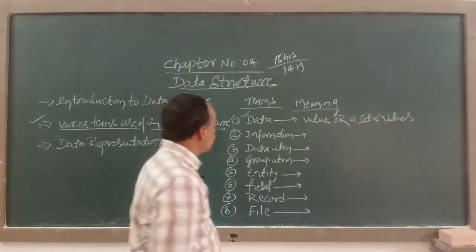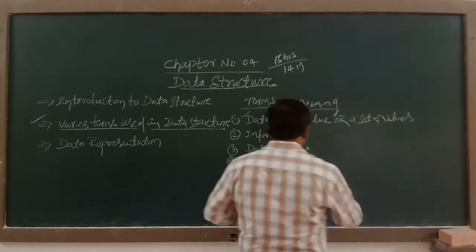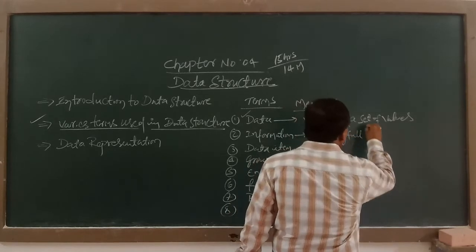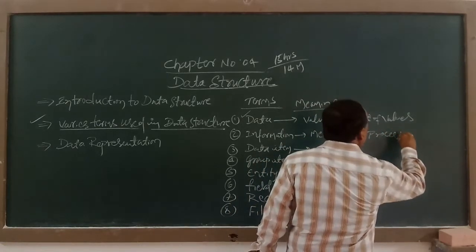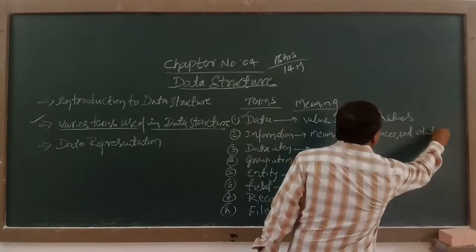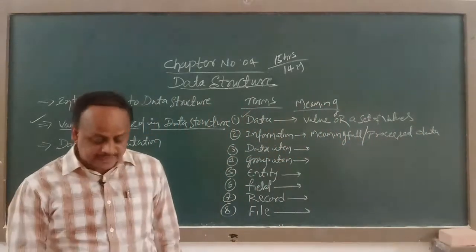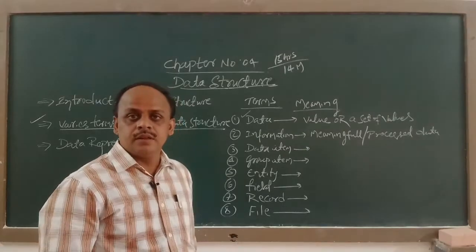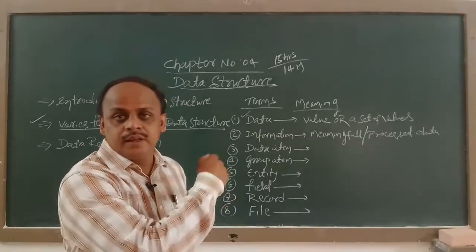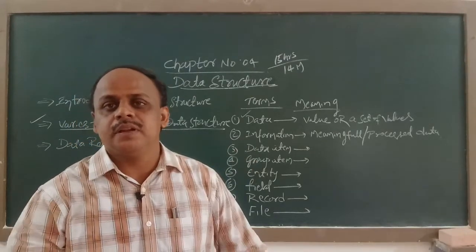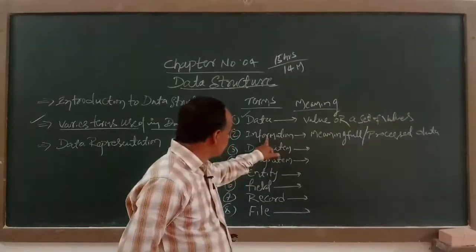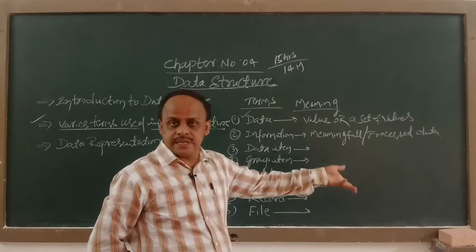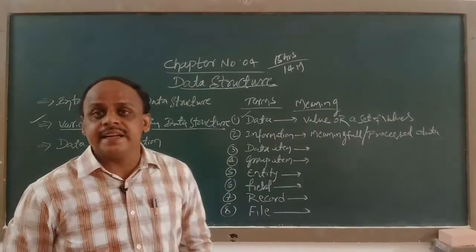And the next thing, information. Information means meaningful or processed data. For example, the data is 25.